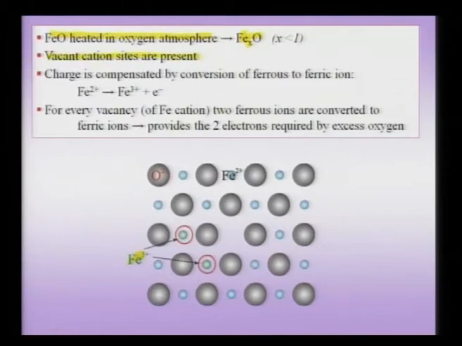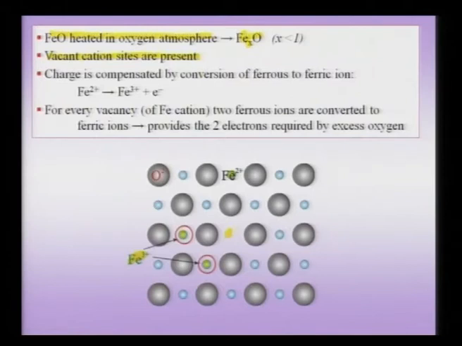Suppose I have an Fe3+ ion sitting instead of an Fe2+ ion, which is shaded in green, and the normal lattice position is occupied by an Fe2+ ion, which has been shown in blue. So, you would find some of the cation sublattice positions are vacant, which is coming from the off stoichiometry.